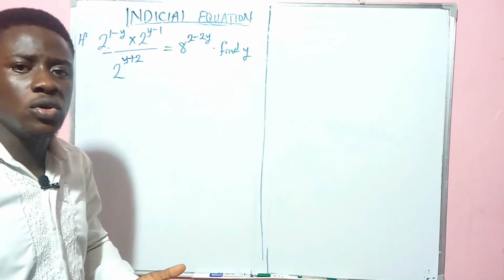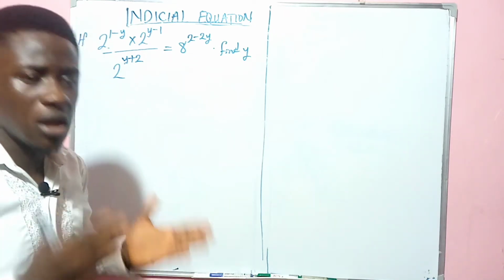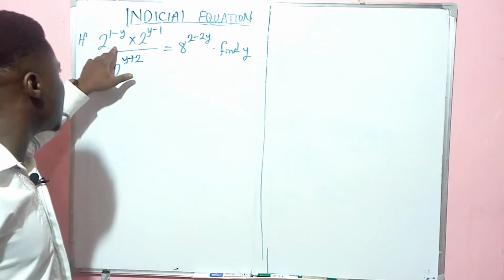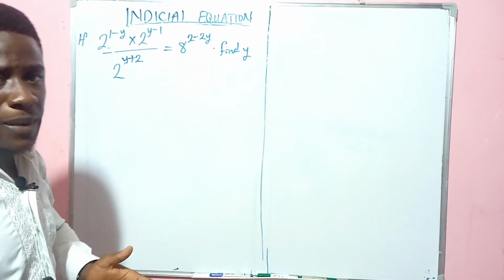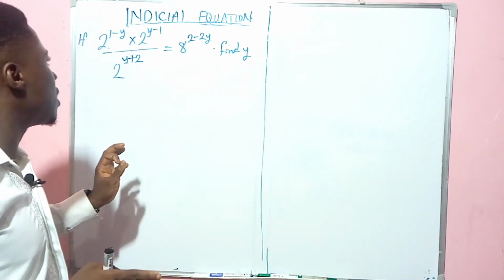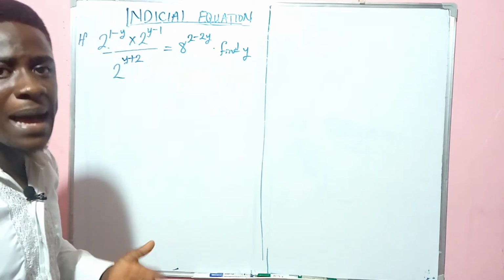Even without being told, we are going to use multiplication law. How do you use multiplication law here now? Numbers of the same base with their respective powers multiplying themselves. Using multiplication law, we are going to just pick one of the base and add their powers.